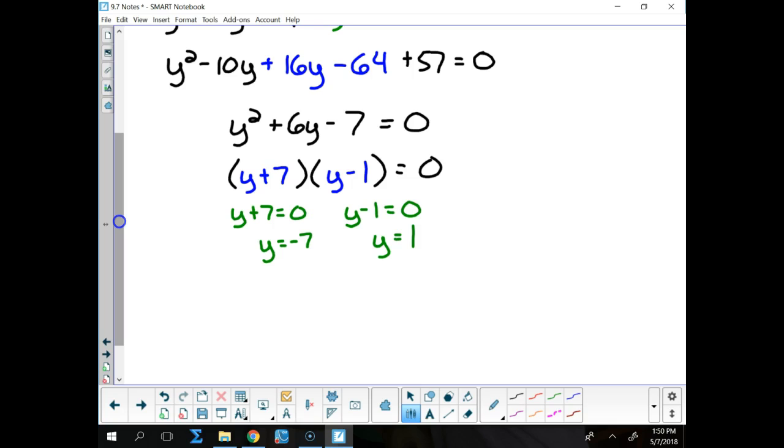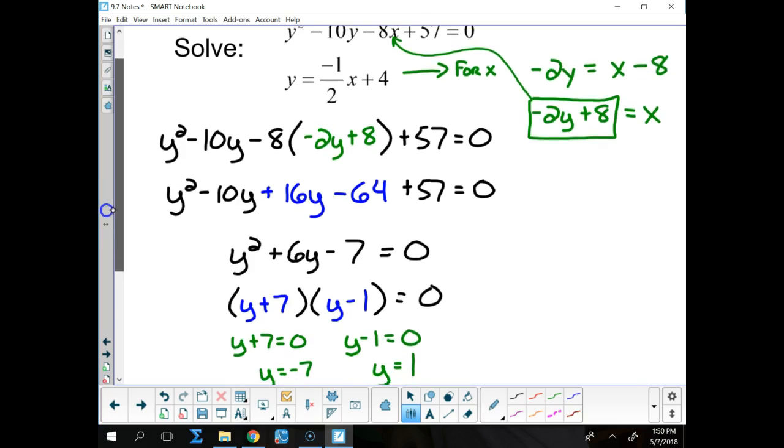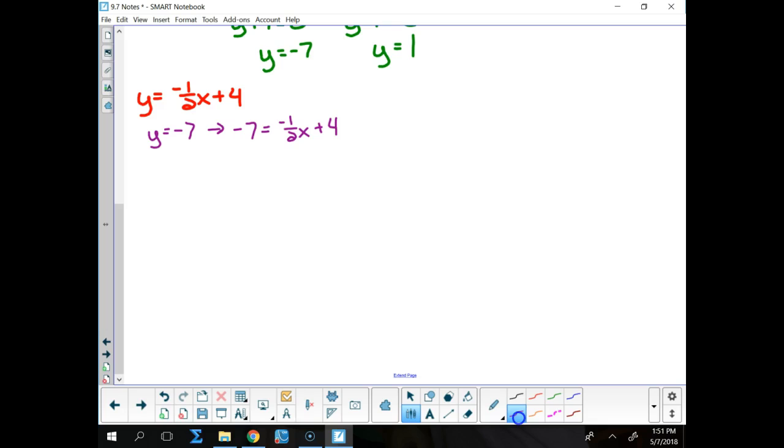Okay. So my line, or my easier one, was y equals -1/2 x plus 4. So if y is equal to -7, then that's -7 equals -1/2 x plus 4, which becomes -11 equals -1/2 x, which is 22 equals x.